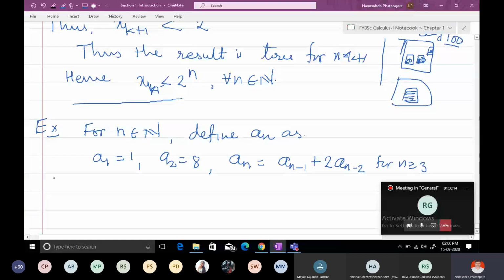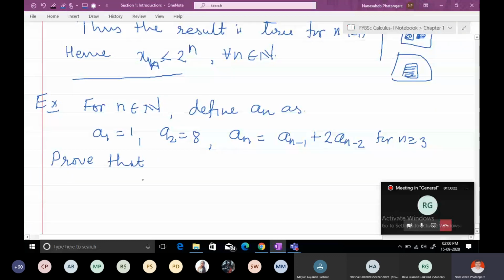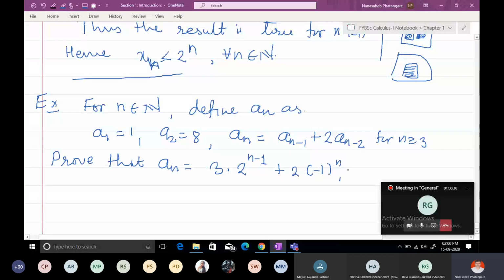Right, then prove that for each n, a_n is equal to 3 times 2 raised to n minus 1 plus 2 times minus 1 raised to n, for all natural numbers.